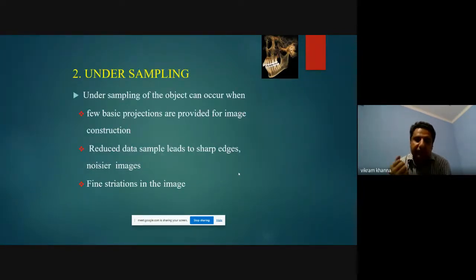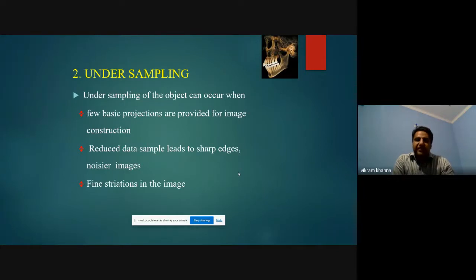Undersampling: nowadays all the CBCT machines have 360 degrees of rotation. Previously it used to be only 270 degrees, so you would get half the information. That is called undersampling. The number of projection bases was less compared to the 500 to 600 in our machine, which has 360 degree rotation.